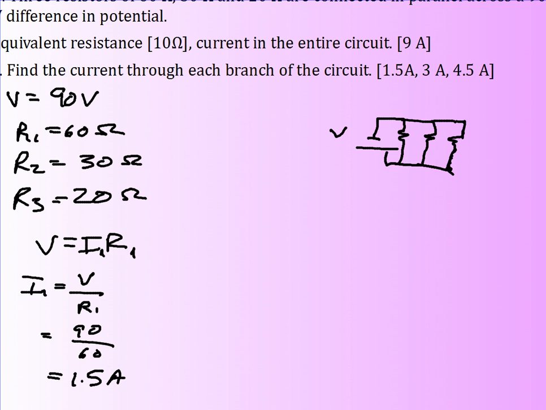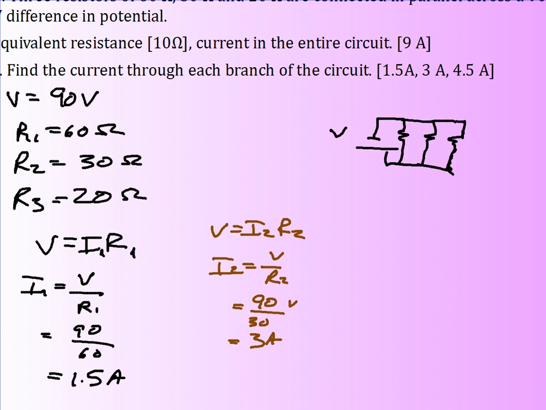Let me switch colors here. So V is I2, R2. So I2 is V divided by R2, which is 90 volts divided by R2, which is 30. Let's cancel that. That is 3 amps.